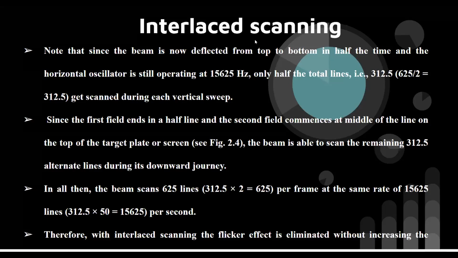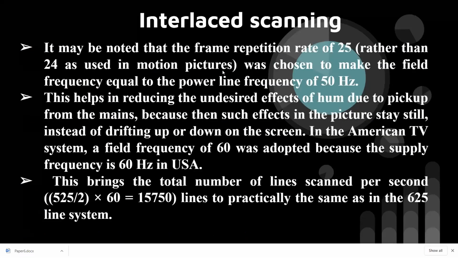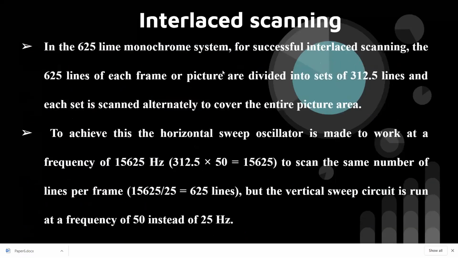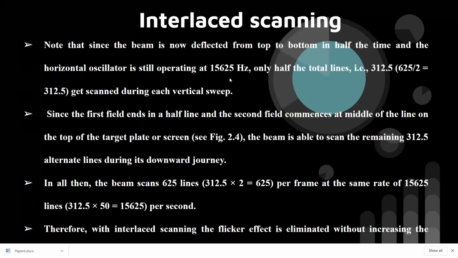Yesterday in the previous class we found it is 15625. So 15,625 Hz is required to run our horizontal circuitry. 625 by 2 gives 312.5 lines scanned during each vertical sweep.